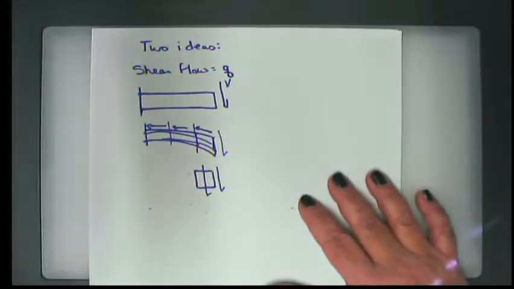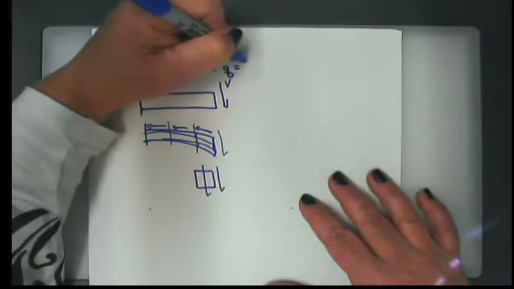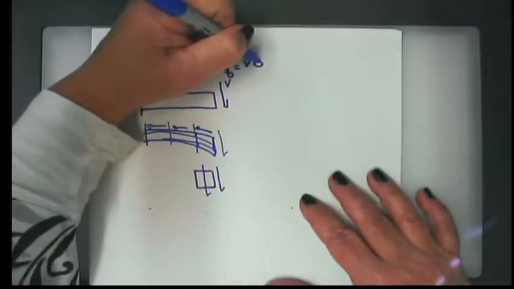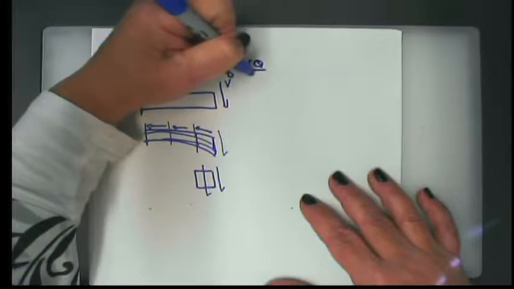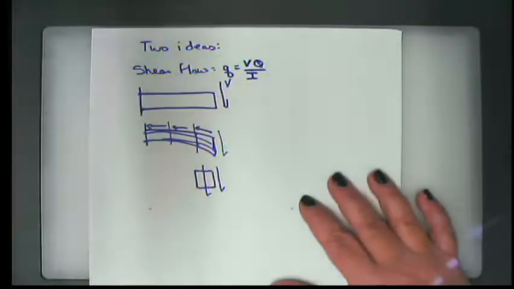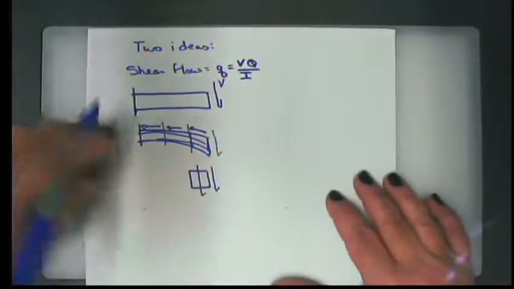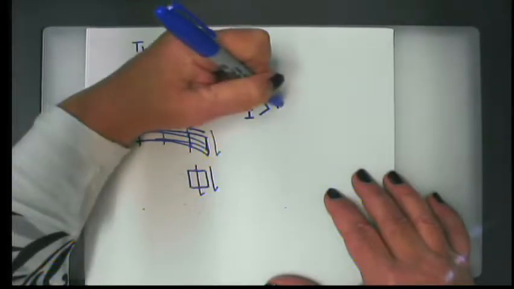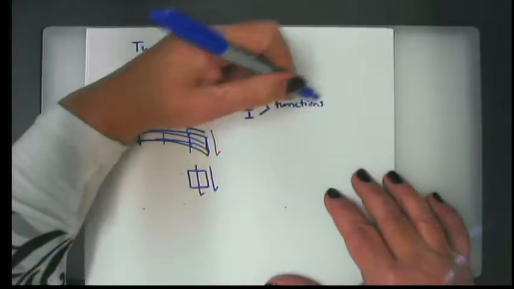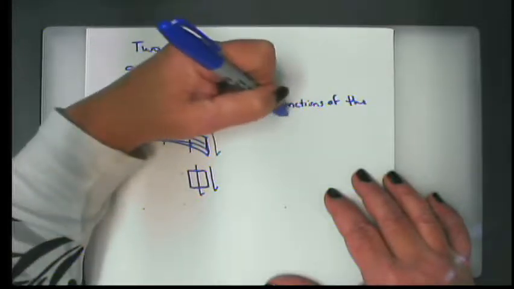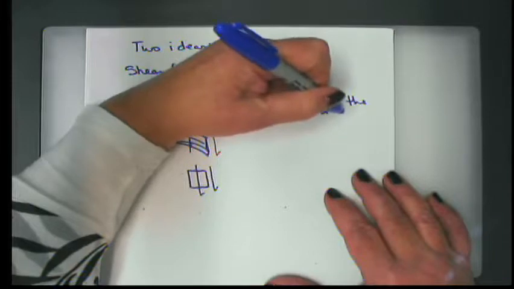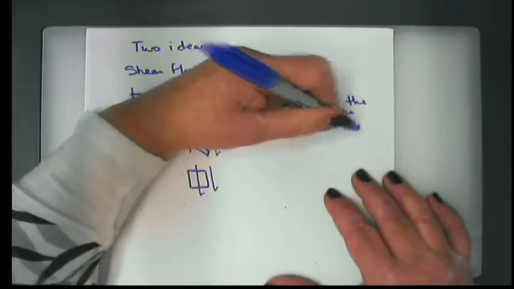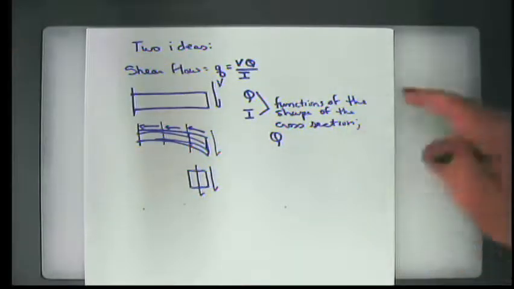So the basic thing is the idea of shear flow, and the variable that we use for shear flow is little q, which is equal to something about the shearing force V and something about the first moment Q and the moment of inertia I. Now, Q and I are both functions of the shape of the cross section, and we're going to break each of these down very finely.